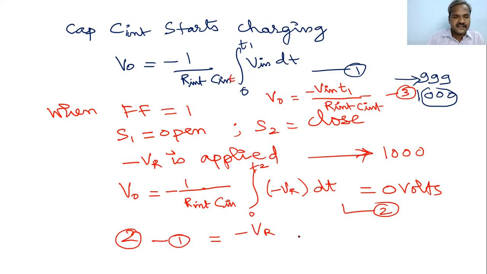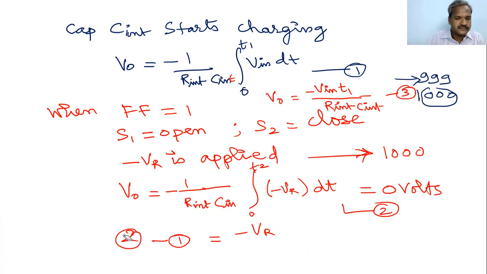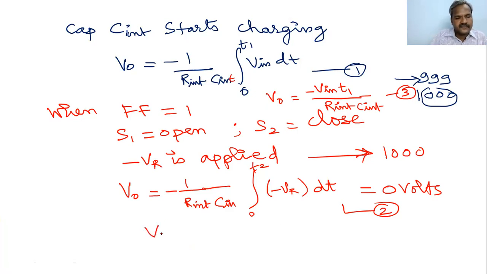Similarly, if you integrate this, V naught equals minus of minus VR T2 divided by R int C int.